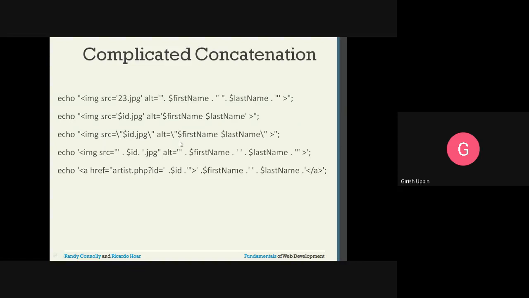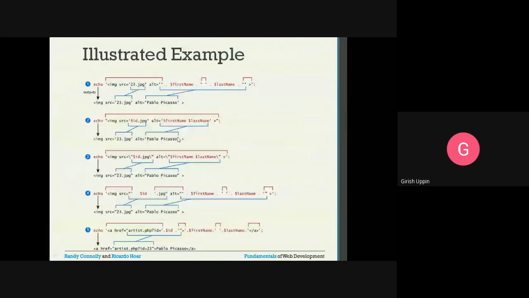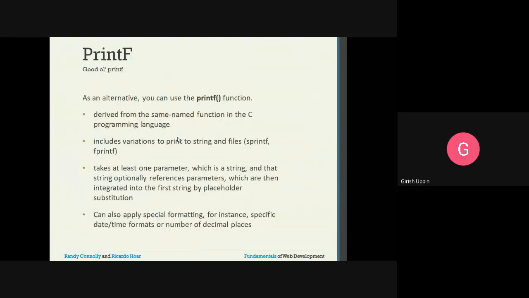In this case we did not use any single quote, so that's why we are using the escape sequence. So you can see here an escape sequence. Wherever we require double quotes, we are using the backslash and double quotes. This is the example shown below, how that particular thing will be evaluated.